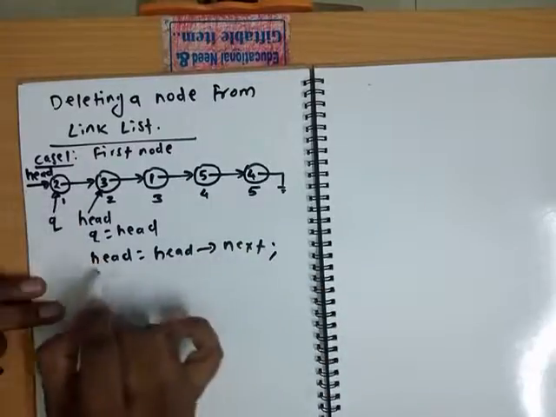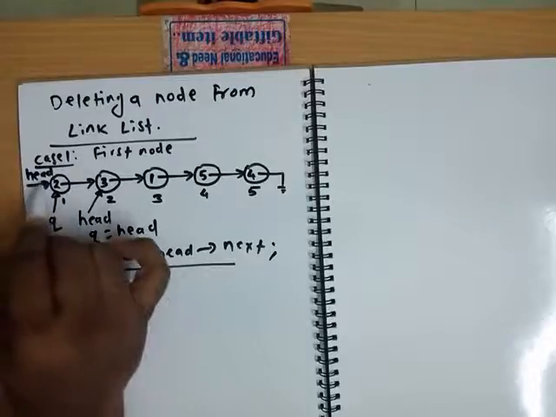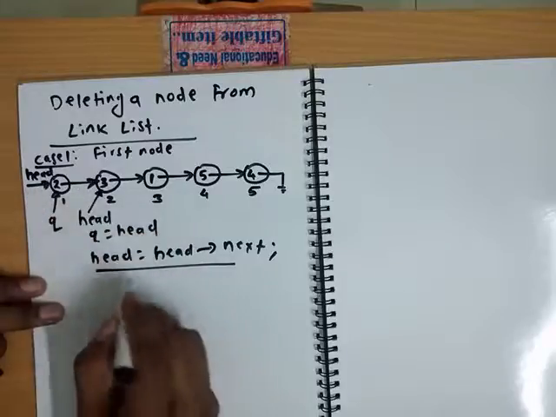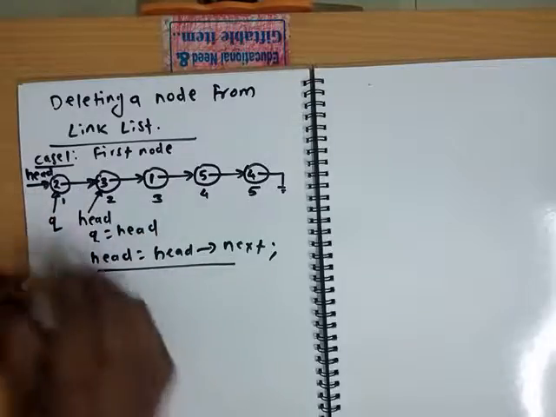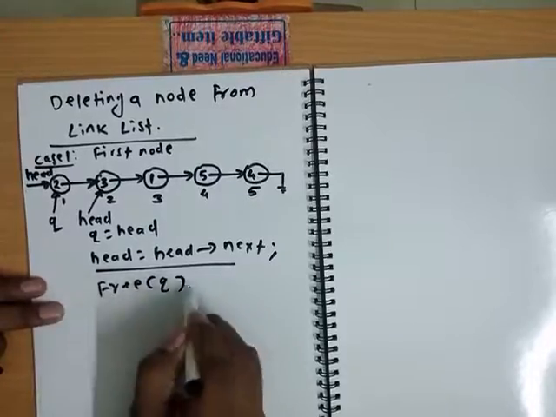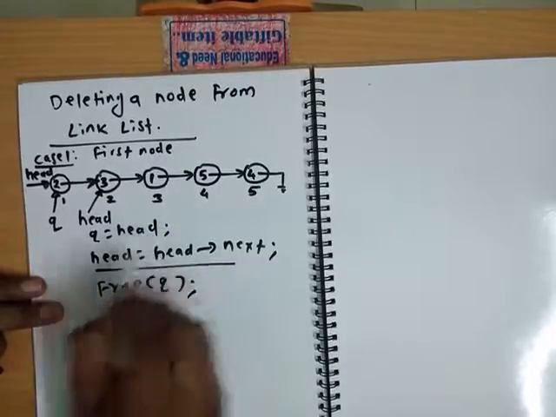Because of this, the head pointer will go from here to here because head next is pointing here. And then I'll say free Q, free the memory pointed by pointer Q.